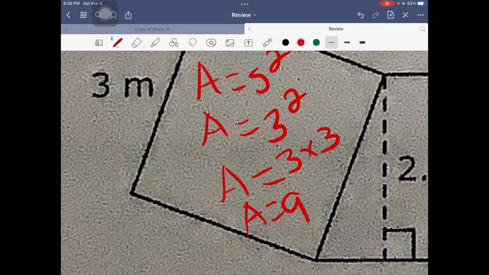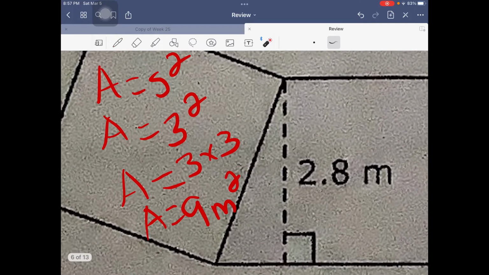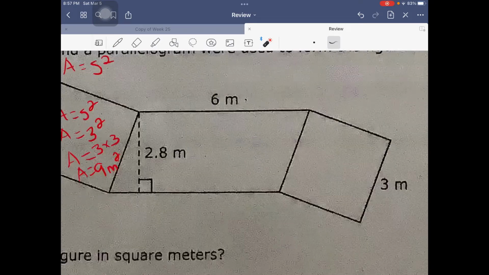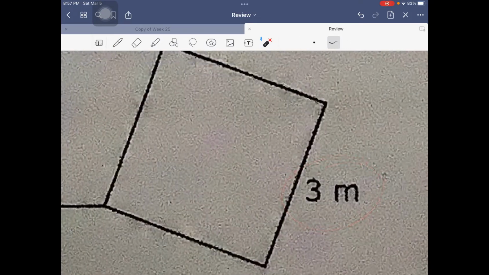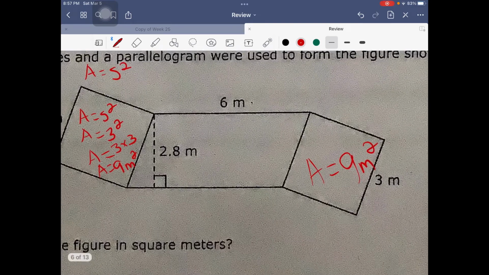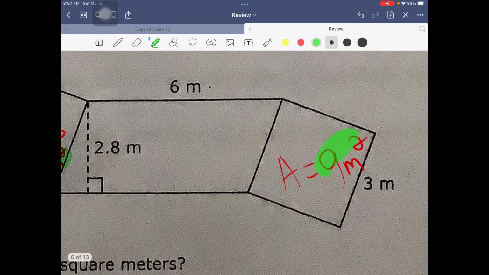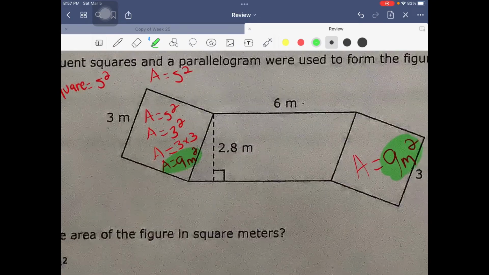A equals 9 meters squared. So if this one is 9 meters, what do you think this one's going to be? 9 meters. A equals 9 meters squared. So we have 2 already. We just need to find one more. 9 plus 9 is 18. So we just need the area for this one and just add it with 18.